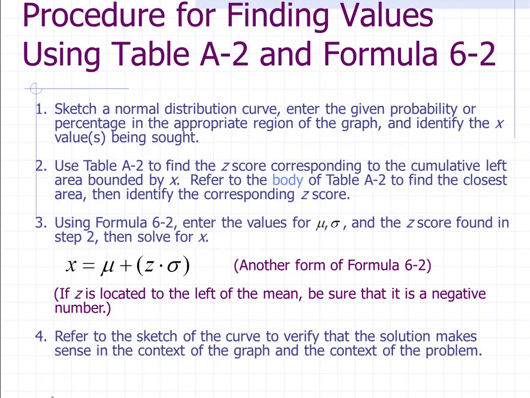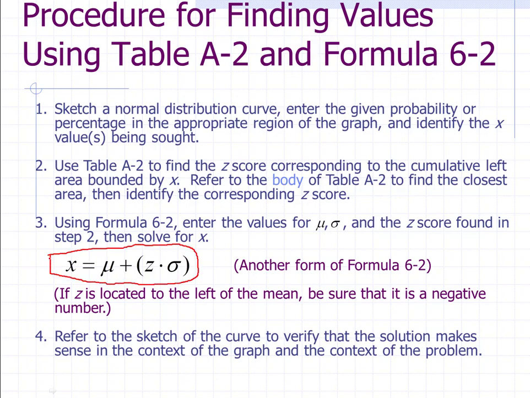Okay, so again, how do we find values using table A2? If we want to find a proportion or probability from the body of the table, find the z-score and then change it into the raw score, we're just going to use a backwards z-score formula.